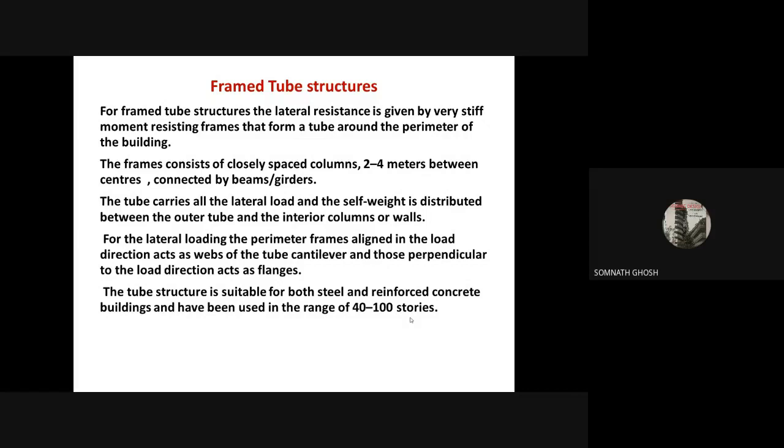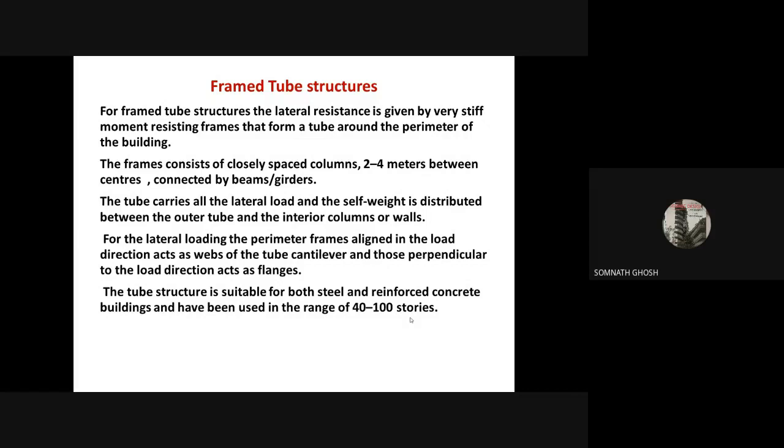But you can't do that because you have to enter the building. So if you place the columns very close, within 2 to 3 meters, so that you can enter along the periphery of the building, and maybe the column spacing may be increased inside, then it is a frame tube structure.